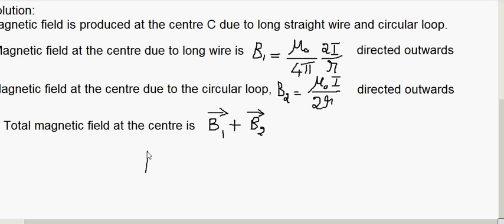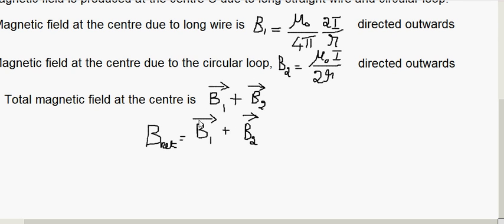So we can write it as B net, the net field at the center, as B1 plus B2. We can just add them because both are in the same direction. Both are directed outwards. Add these two, B1 and B2.